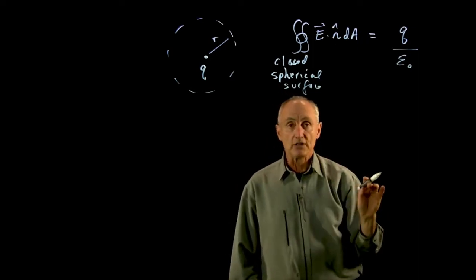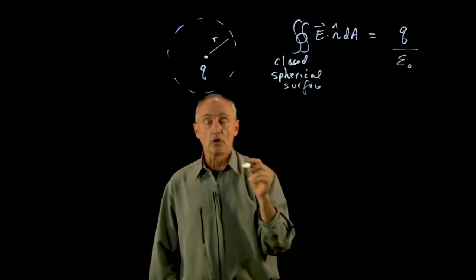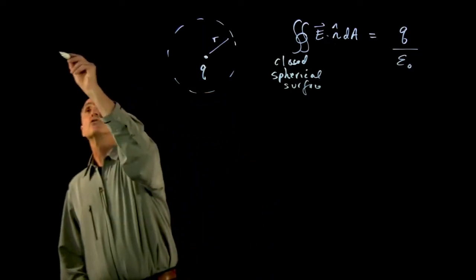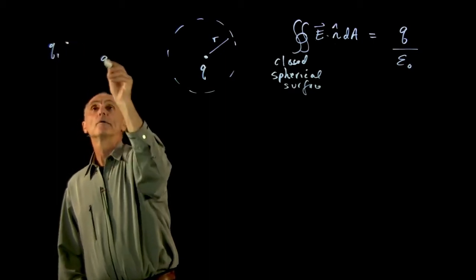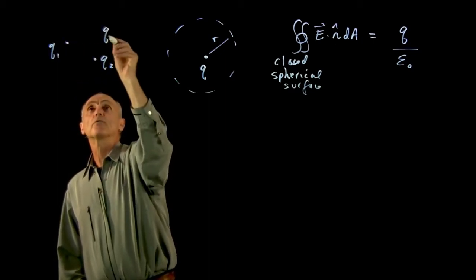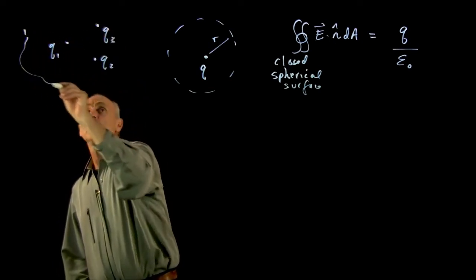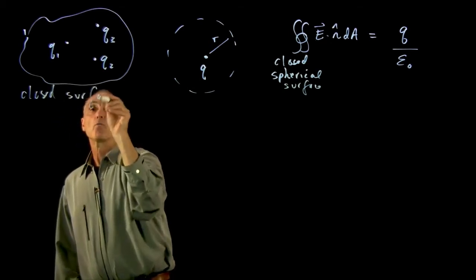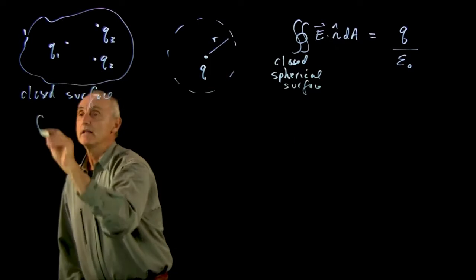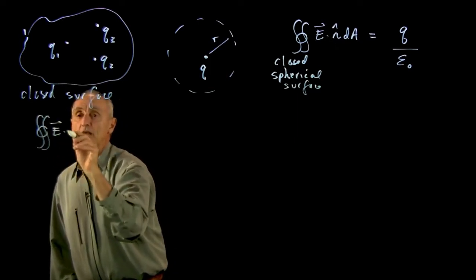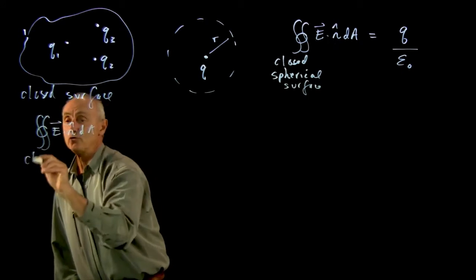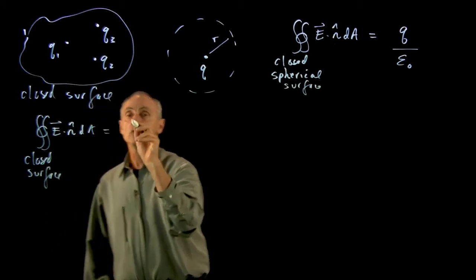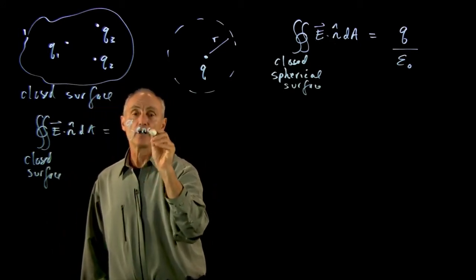But what we'd like to do is generalize this result. For instance, we would like to say that if we had a variety of charges, so let's take Q1, Q2, say Q3, and we pick any arbitrary closed surface, then what we'd like to show is that the flux of the electric field through this closed surface, it's arbitrary, it's not spherical, is equal to the total charge enclosed.